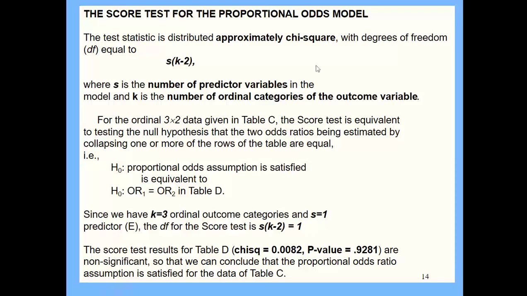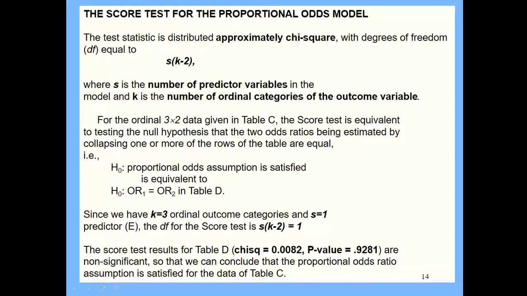So S is 1, K is 3, so the degrees of freedom, S times K minus 2, is 1. And I wound up doing the score test for that hypothetical data, just to show you. I didn't do it for the other one. I guess I should have, but I didn't do it.